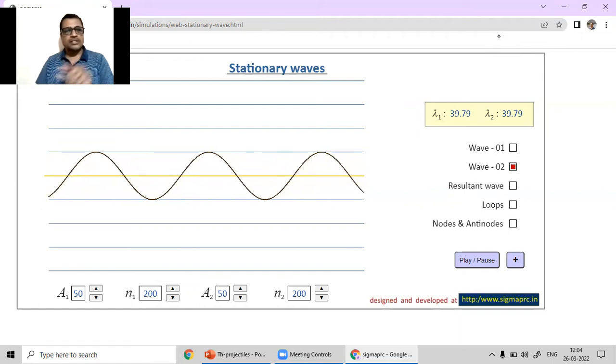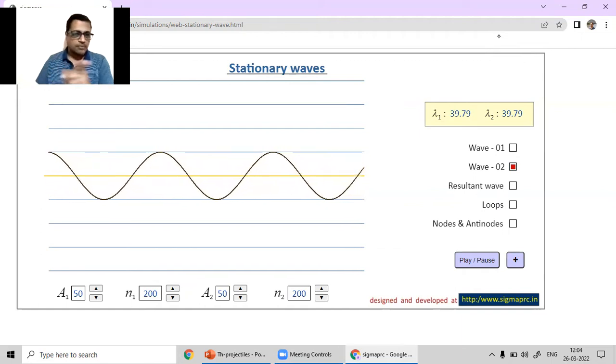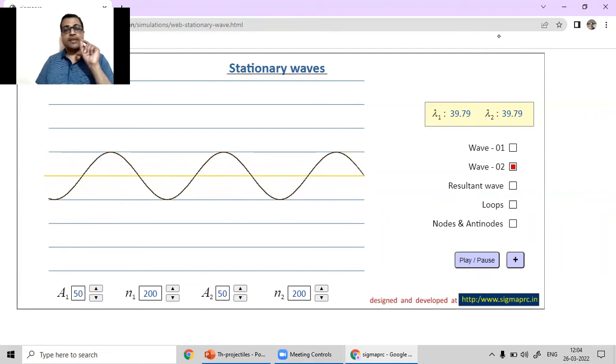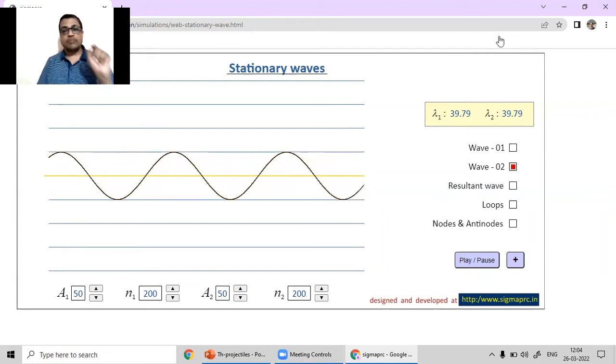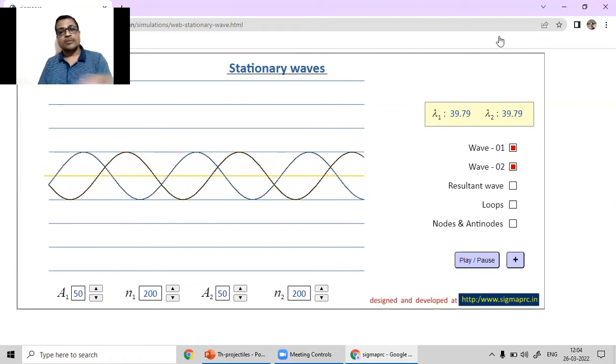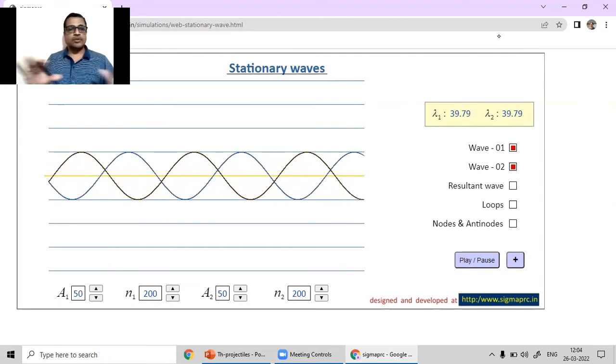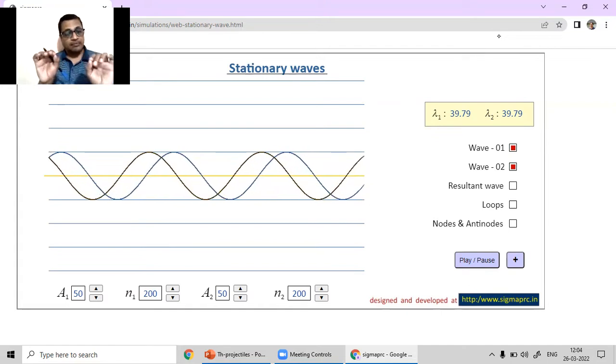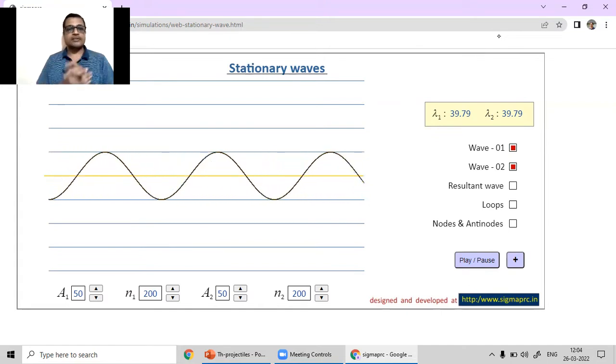So wave 2 is represented by brown color and it is propagating towards left hand side. Wave 1 is represented by blue color and it is propagating towards right hand side. You see both these waves propagating in the same medium and in opposite directions.